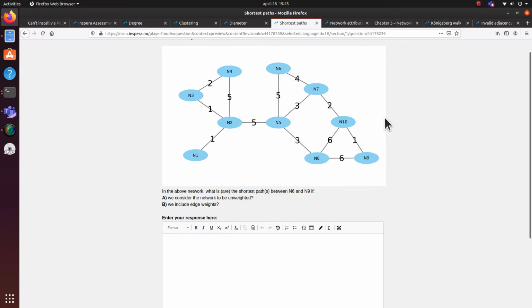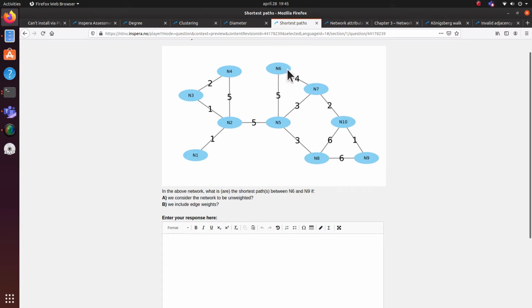What are the shortest paths between n6 and n9 if the network is considered to be unweighted? Here we can see that it's pretty straightforwardly either n6, n7, n10, n9, which is 3 steps, or equivalently n6, n5, n8, n9, which is also 3 steps.